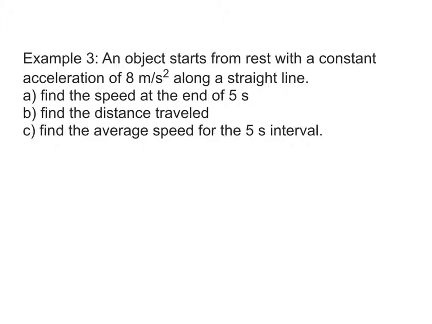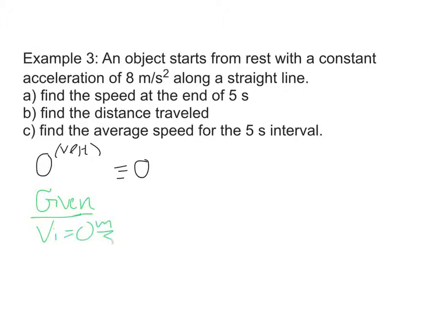This is really simple. It's just any object. So I'm just going to draw a ball, starting from rest, and then going along a straight line and accelerating. What are we given? We know that since it's starting from rest, the initial is 0 meters per second.